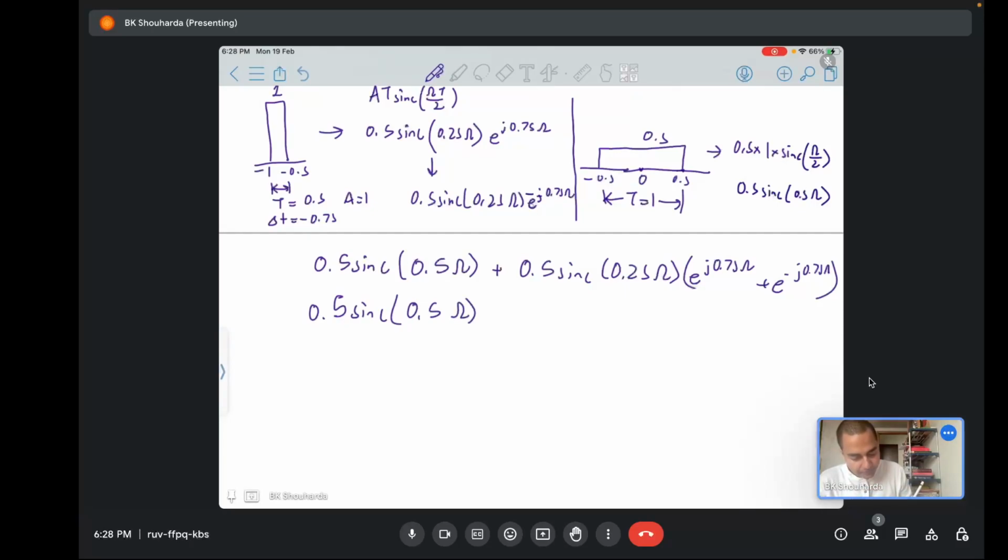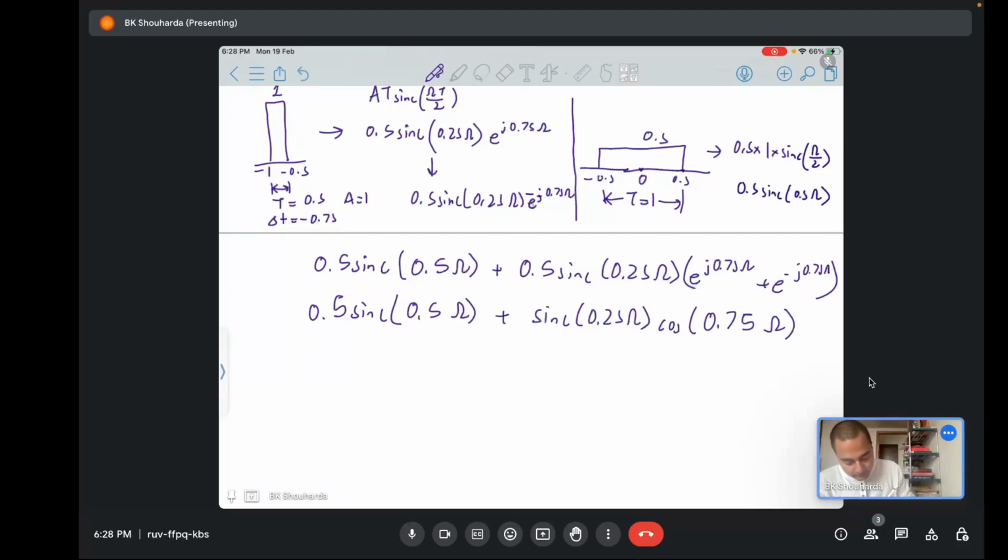y omega plus 0.5. Okay, so the 2 will come out and cancel with the 0.5, and we will get sinc of 0.25 omega cos of 0.75 omega.